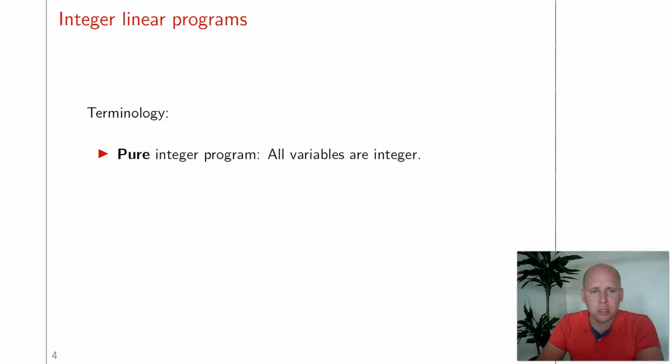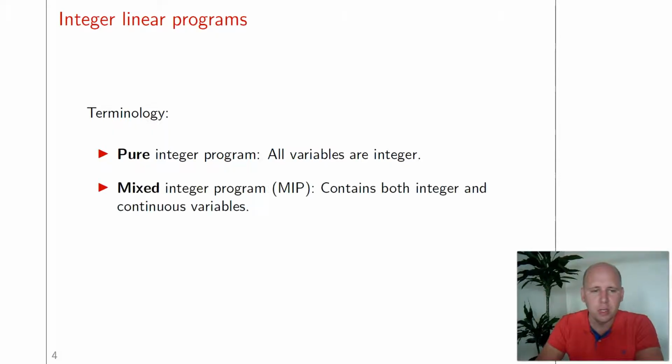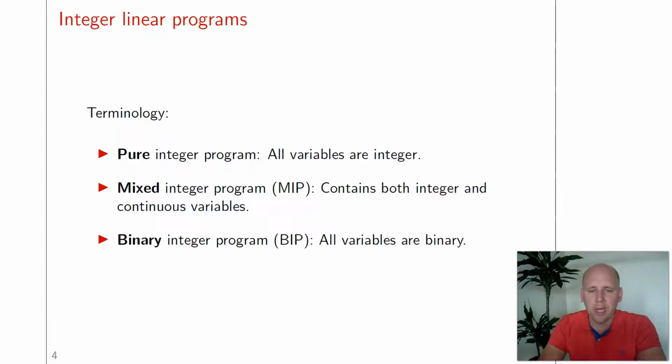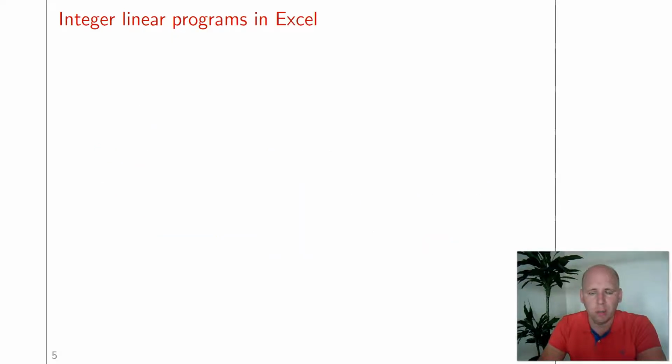Some other terminology. We talk about a pure integer program if all variables are integer. We can also have mixed integer programs, and that's the case if we have both integer variables and continuous variables. And binary integer programs are integer programs where all variables can only take values 0 or 1.